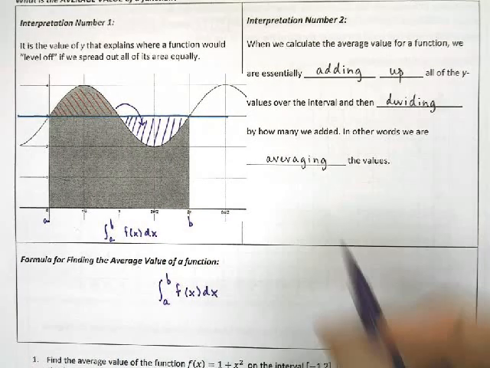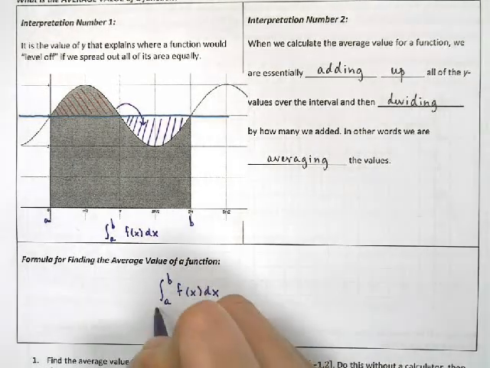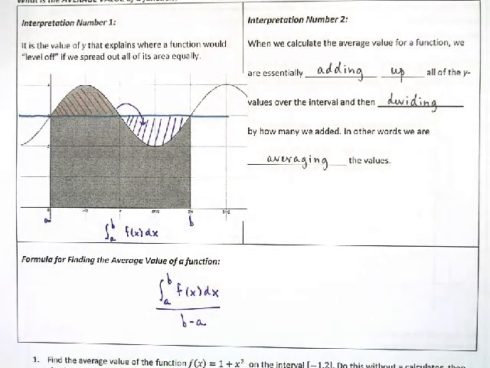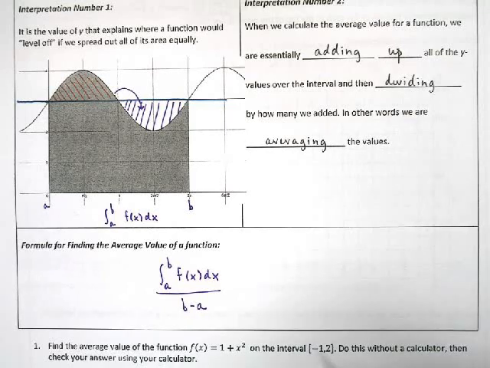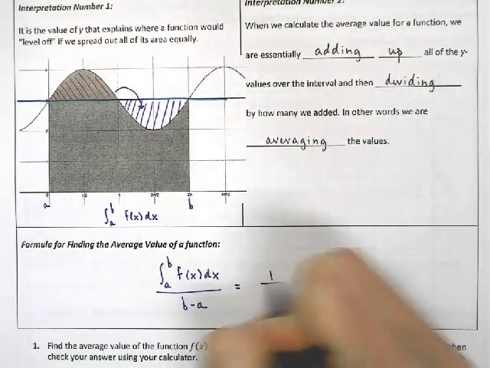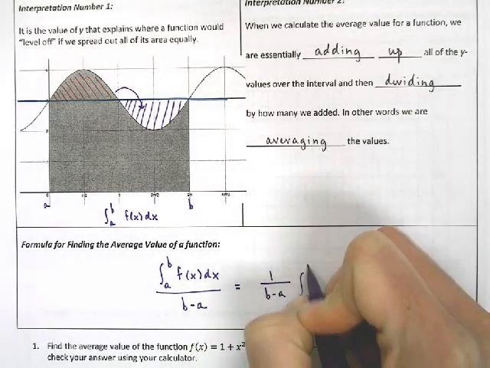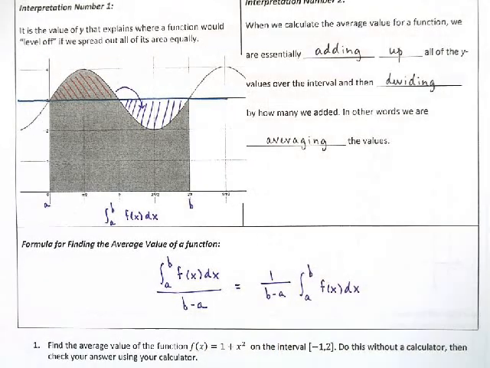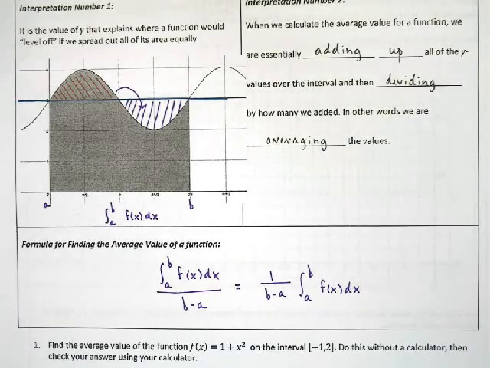But then we said we had to divide by how many things we added, so we divide by the length of that interval, which is b minus a. This gives us the formula. The way we see it presented in calculus, we write 1 over b minus a times the integral from a to b of f of x dx, and that gives us the formula for finding the average value of a function.